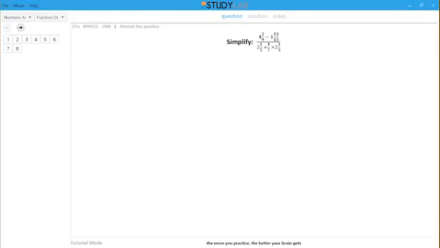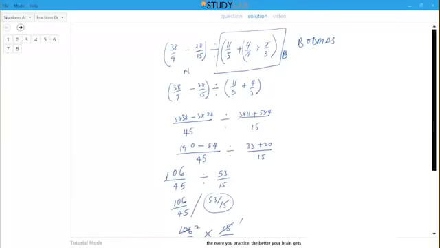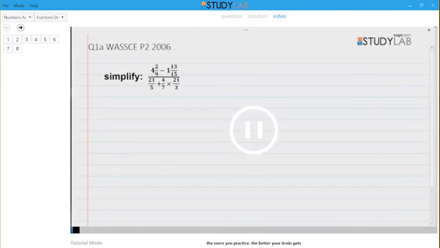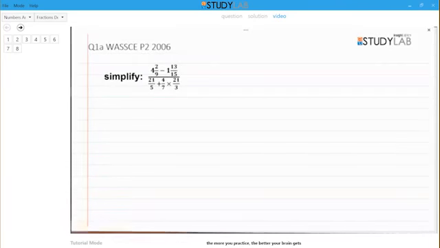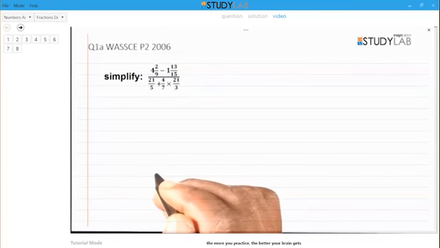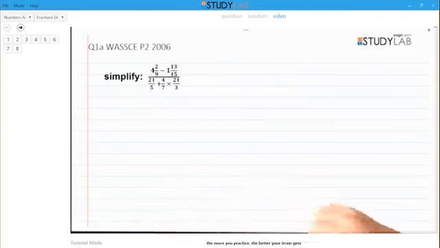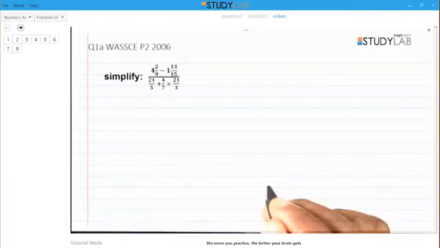Each question has a solution and then a video. Question number 1, 2006 WAEC says we should simplify 4 2/9 minus 1 13/15, all divided by 21/5 plus.